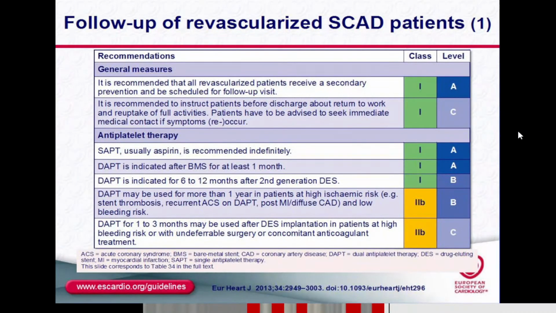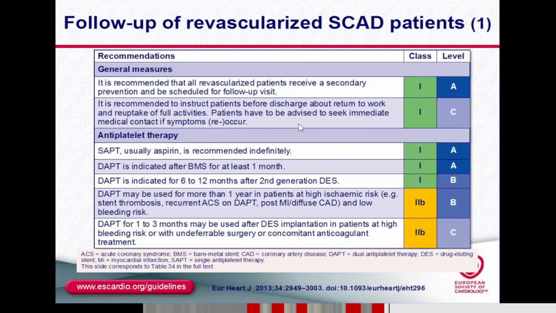What about the follow-up or ambulatory management of the patient with the stable coronary artery disease? It is recommended that all revascularized patients receive a secondary prevention and be scheduled for follow-up visit. And it is recommended to instruct patients before discharge about return to work and resumption of full activity.